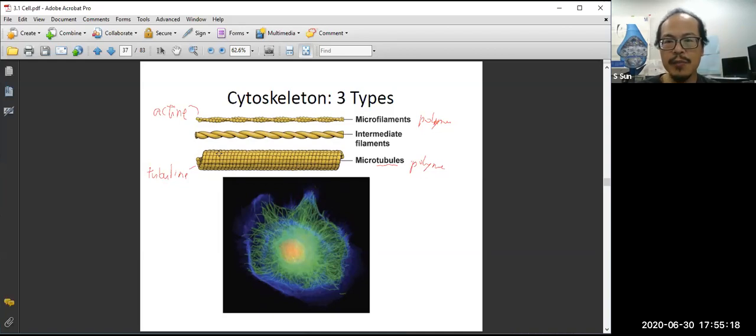These collagen fibers are not that easily disassembled and reassembled, so they are more durable. But one thing you need to know is that from the thinnest to the thickest is microfilament, intermediate filaments, and then microtubule. You need to know that, okay? That is a quiz question.